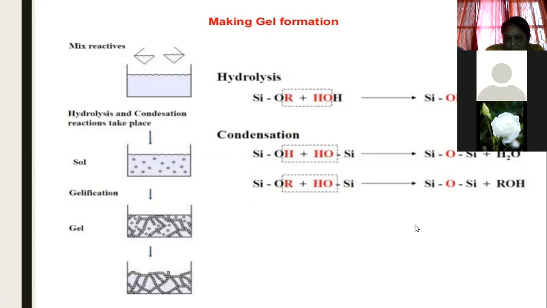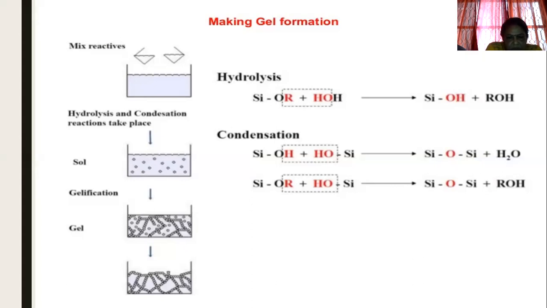So this kind of reaction takes place, and ultimately it looks like this gel formation. That is, see, these molecules are agglomerating or coming close to each other to form a network, and slowly this gel gets formed and we are getting the nanomaterial. So this is all about the sol gel process.